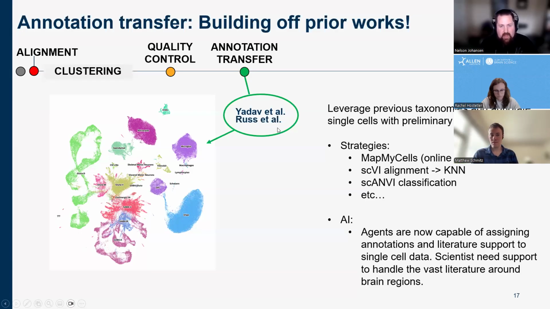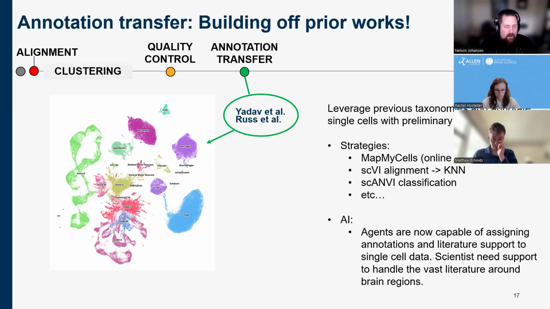So these provide an initial landscape of cell types for us to work from instead of starting from scratch. So with tools that the Allen Institute offers, like Map My Cells, you can take these single cell taxonomies from both these studies and map their labels onto our cells and our clusters and get an initial landscape of what the cell types look like. It won't be perfect, but it gives you a good starting point.